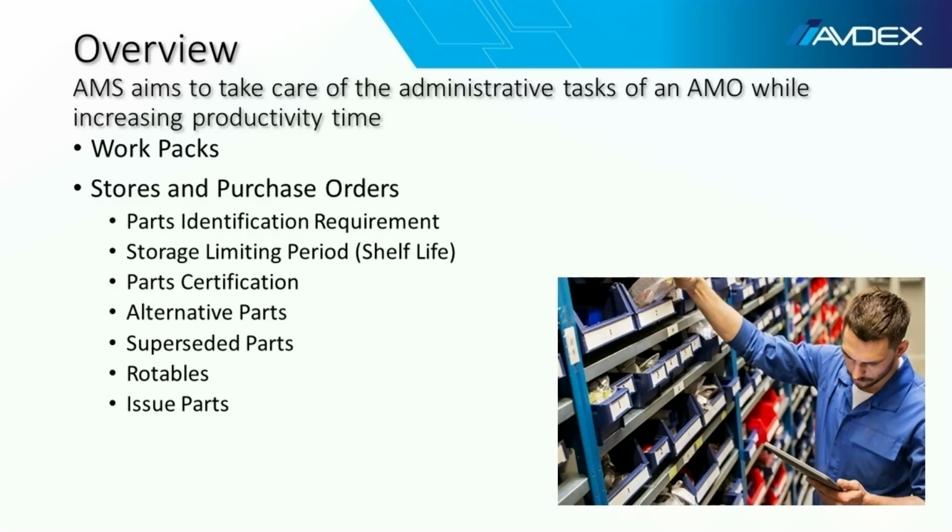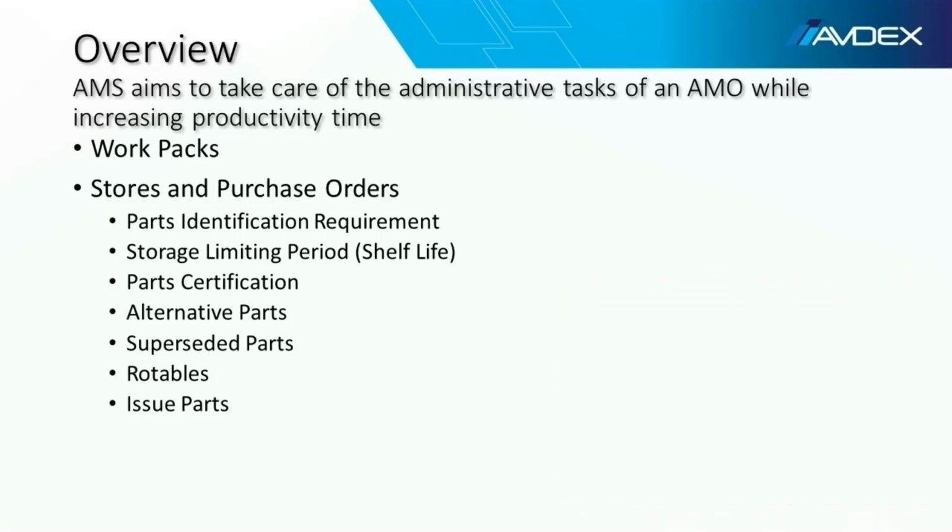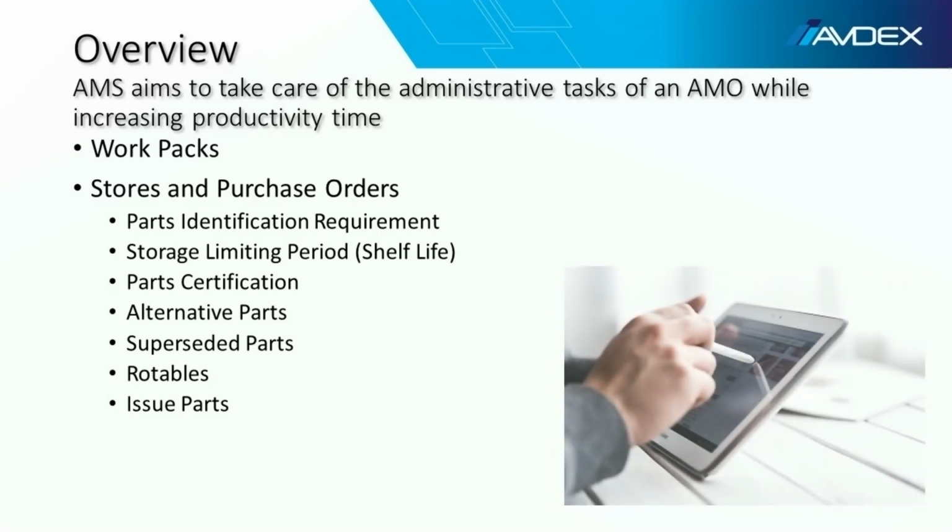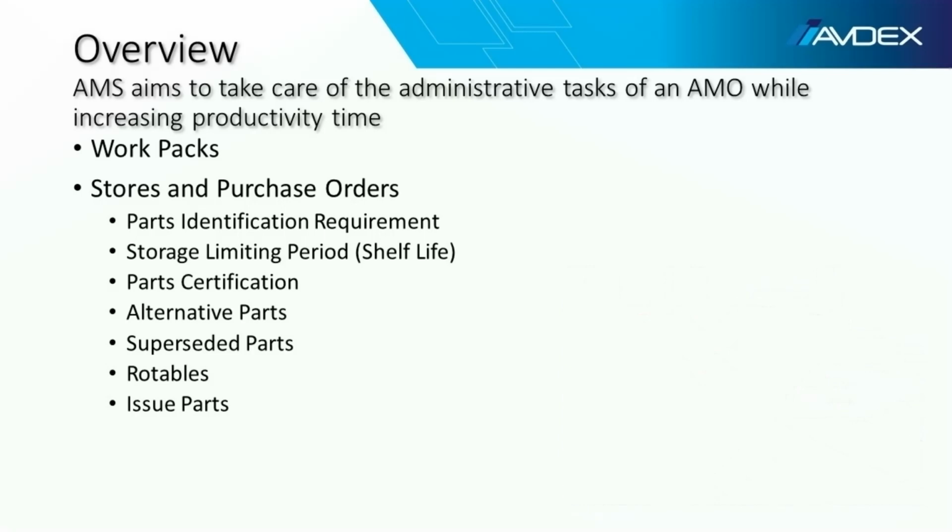It is vitally important that the correct batch or serial number is issued. Secondly, if the Avdex inventory mobile scanning system is used, the part is scanned, and the task card number selected. As the barcode incorporates all the relevant part details, including the batch or serial number, the correct part is issued.